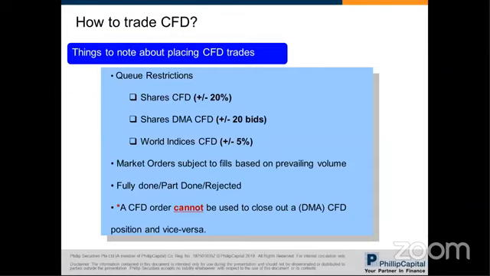That means you have two open contracts, one in shares and one in DMA, and you will be treated as opening both positions. Likewise, the interest charges for these two contracts will be incurred, one for the share CFD and the second for the DMA CFD. So far, so clear? Yeah.